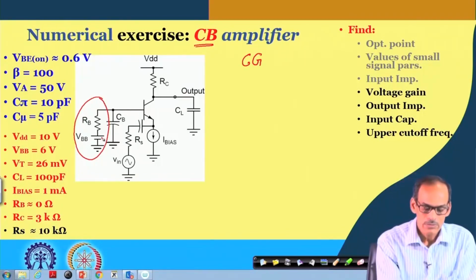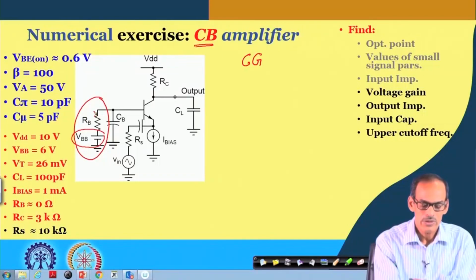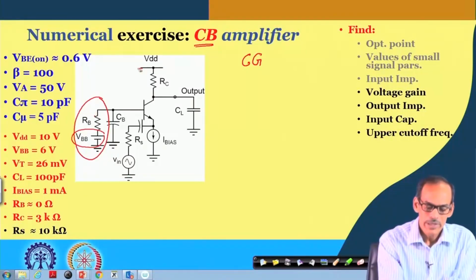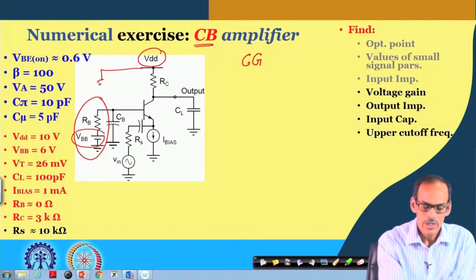Instead of having an ideal separate voltage source here along with the Thevenin equivalent resistance R B, practical circuit wise we may have only one supply voltage, and from that we need to generate whatever voltage we like here.